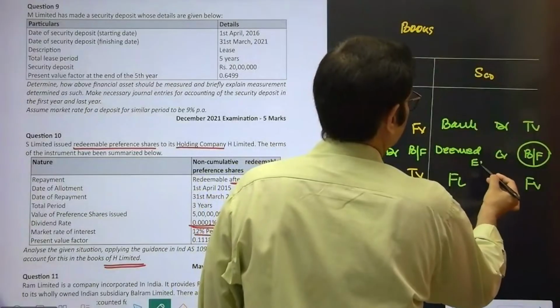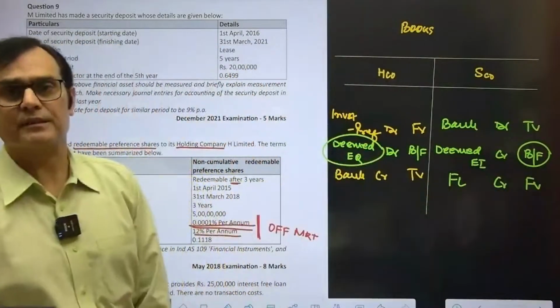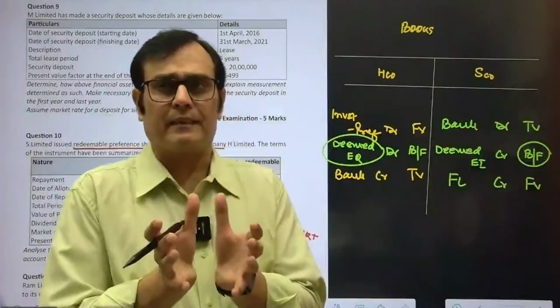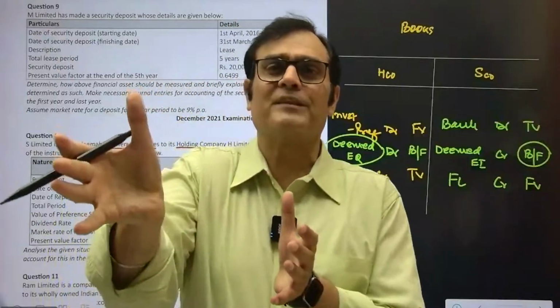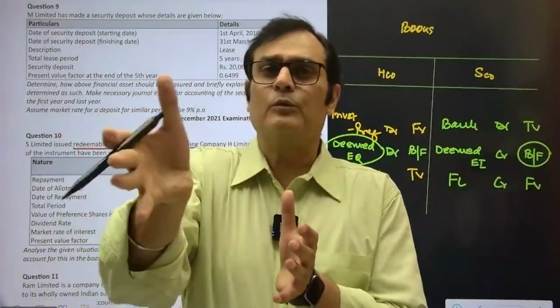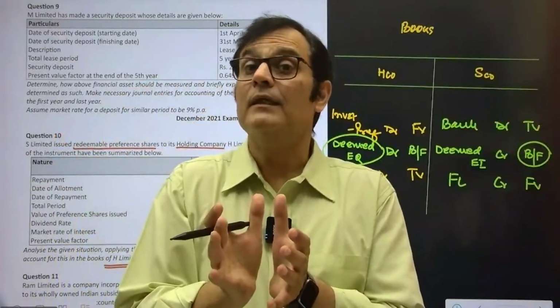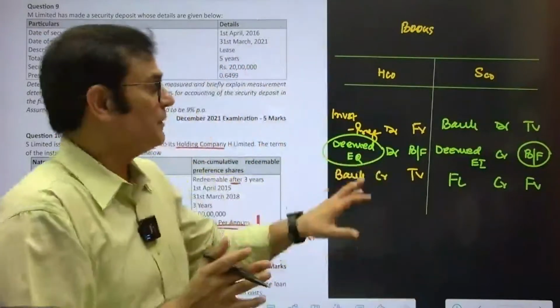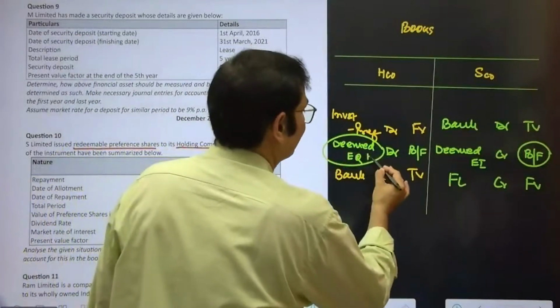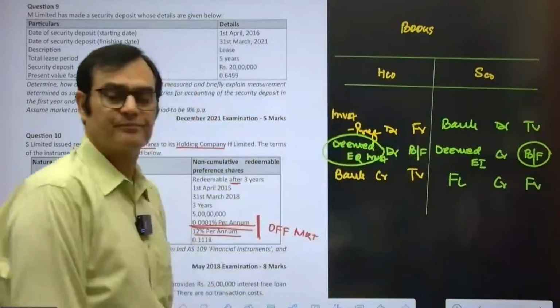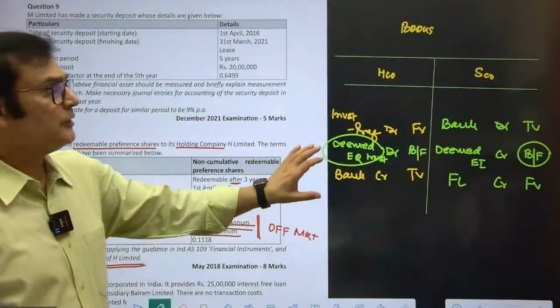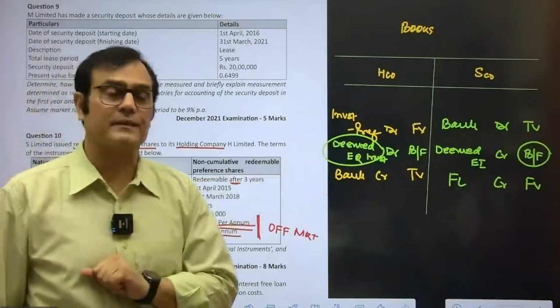So we are indirectly saying that the subsidiary has issued equity instruments. So it's a deemed equity instrument at their end on the liability side of the balance sheet, and he's made a deemed equity. So let me put it as investments for clarity of thought. So this is the entry which will be done in the books of the parent and the subsidiary.